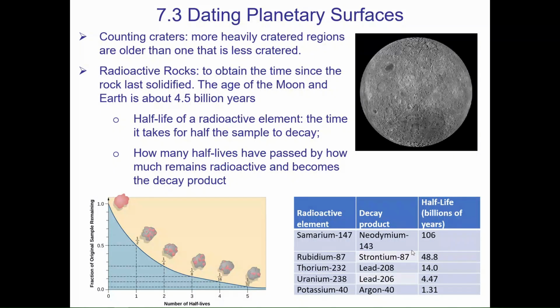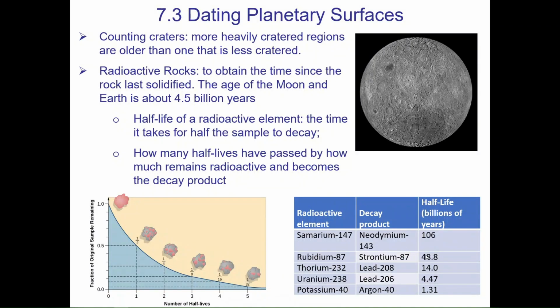And you can see that the planetary surface is about billions of years old. So therefore, we should pretty much select a radioactive element with a comparable half-life. For example, samarium, which has the longest half-life, 106 billion years.